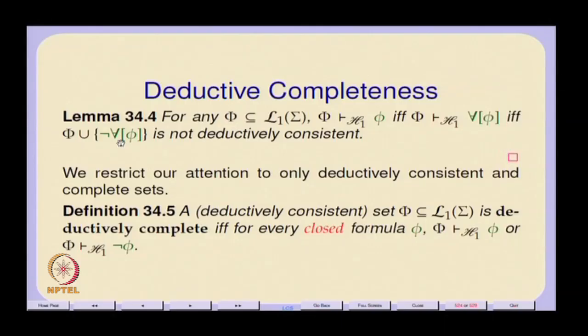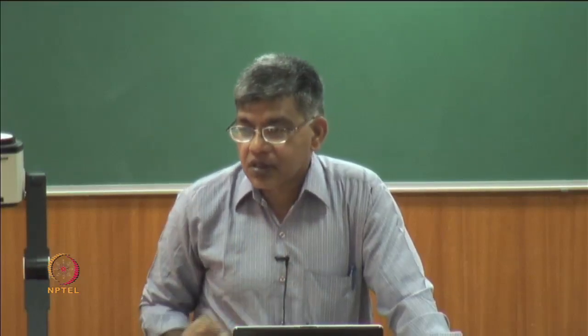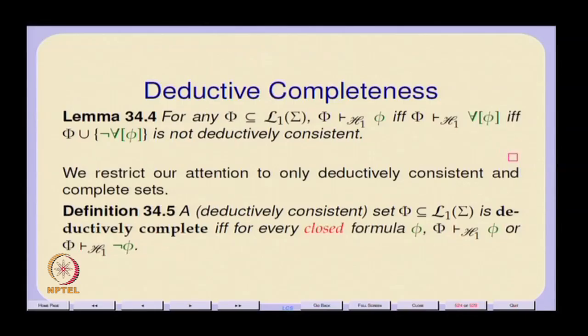But now what we are saying is that just taking this negation of phi itself and adding it to capital Phi may not make this deductively inconsistent, but if you take the universal closure of phi, negate it and then put it in, then you have some chance of getting something that is unsatisfiable. Okay, so let us just look at the proof of this lemma.